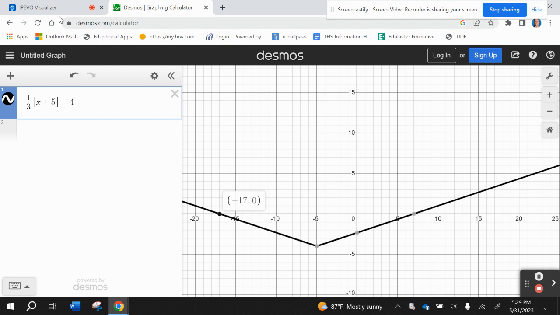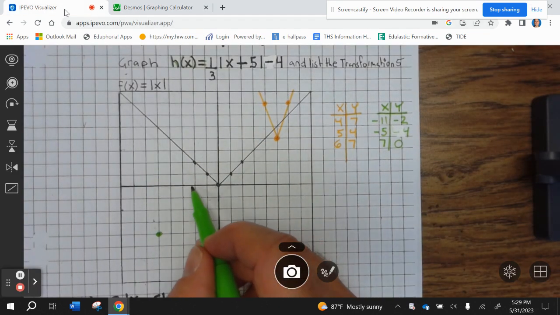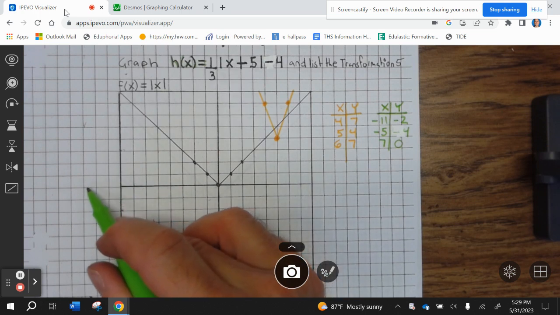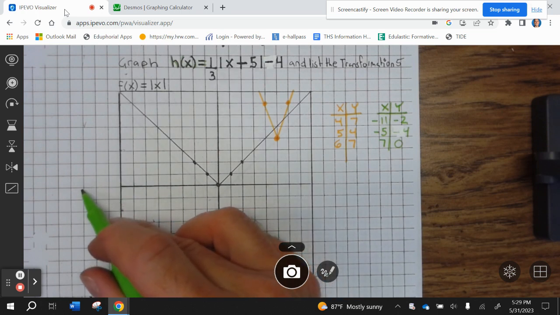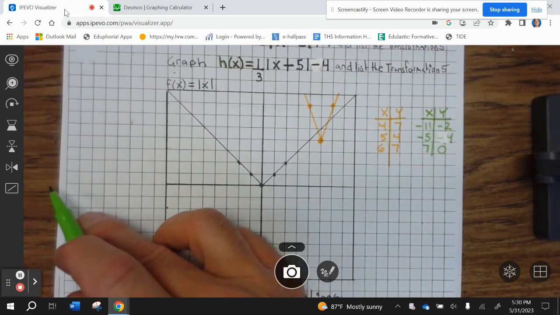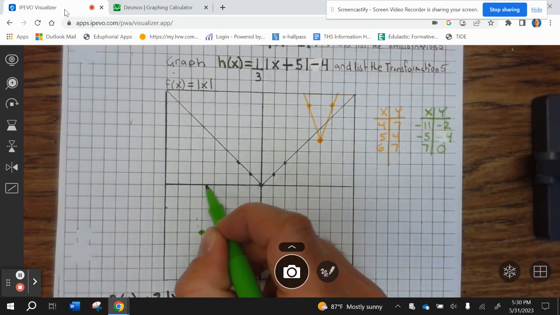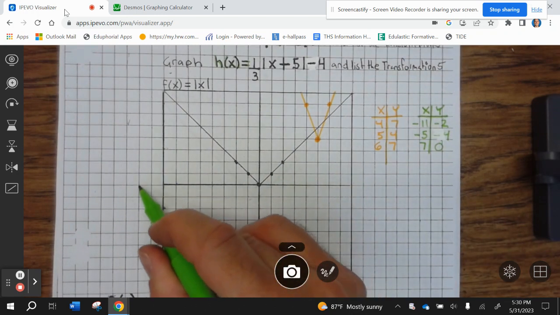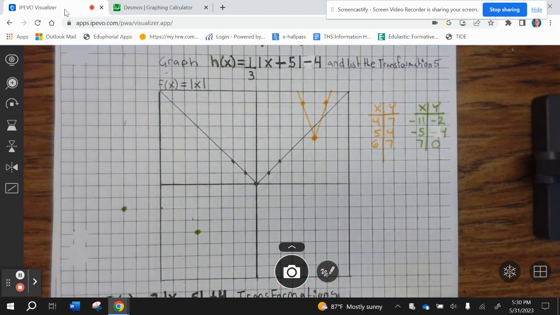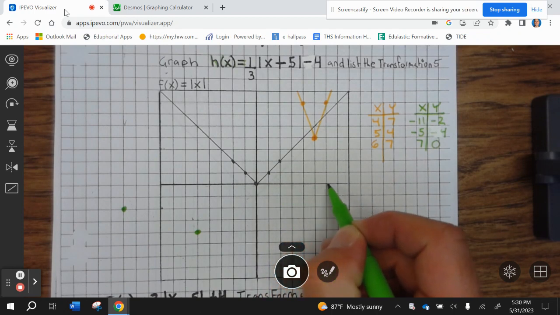Okay, so let's go ahead and graph. Yep, negative 17 is just a little bit off the paper. So let's use negative 11, negative 2. Okay, and then 7, 0, 1, 2, 3, 4, 5, 6, 7.